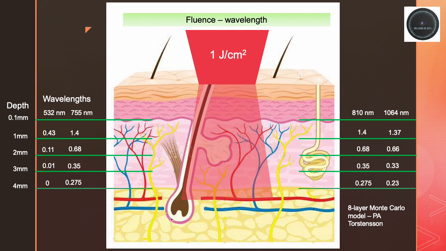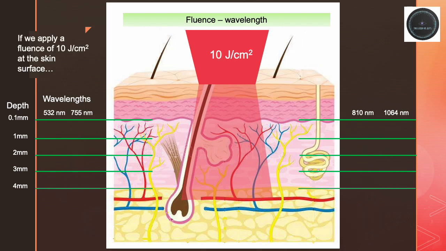Now the reason that these are all similar and very close is because the absorption and scattering coefficients of the skin at all three wavelengths is almost identical. They're very, very similar. There is a big difference, which I will tell you about in a minute or two, but in terms of purely the skin, the epidermis and the dermis, there's not much difference between these wavelengths when it comes to the absorption and scattering coefficients, and that's why they're all very similar.